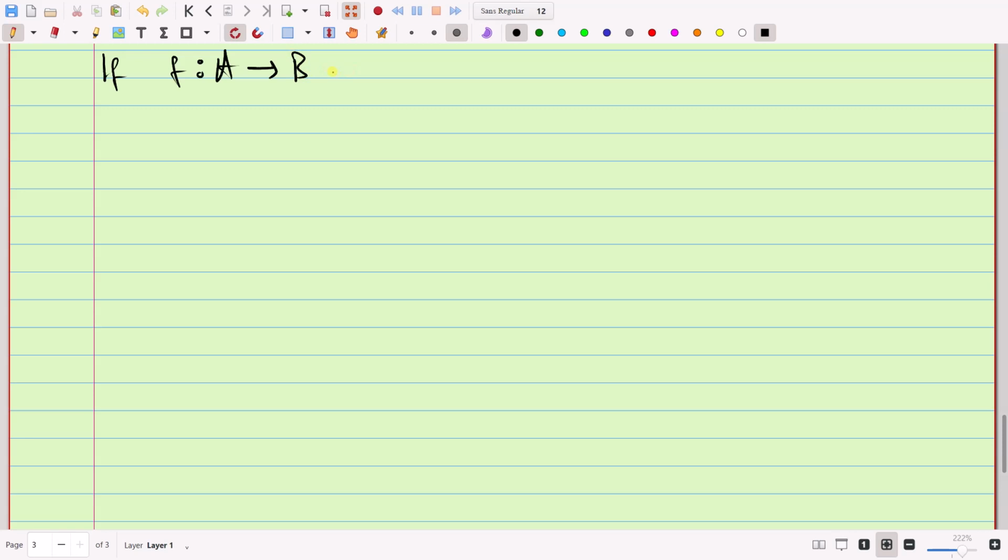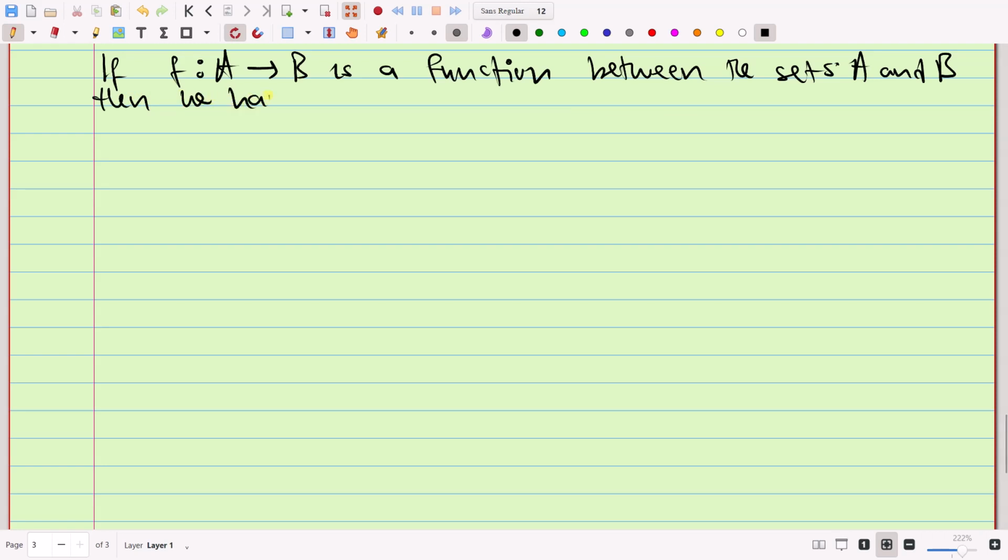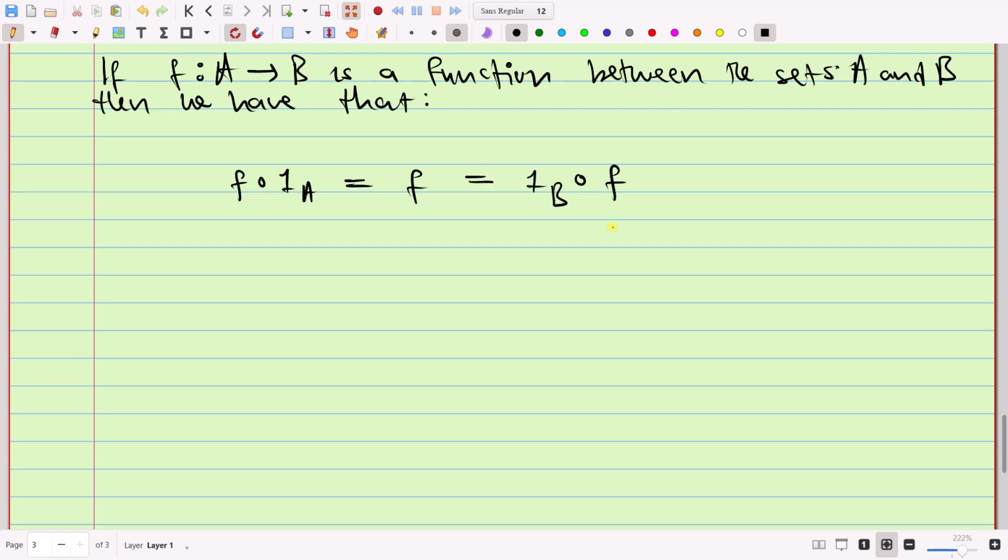Given that f from A to B is a function between the sets A and B, then we have the following result. If you take f and you compose it with 1A, you always get f back. And this is the same thing when you compose 1B with f.